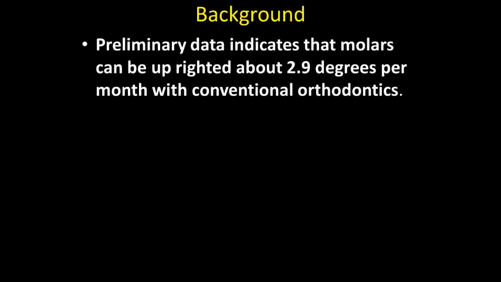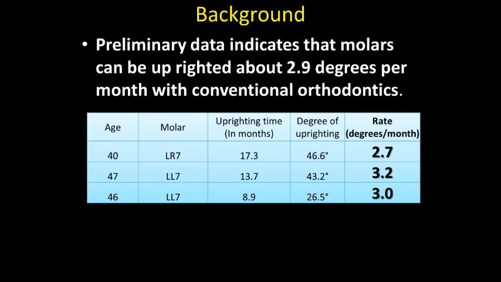The background. Preliminary data indicates that molars can be uprighted about 2.9 degrees per month with conventional orthodontics. And here we see three cases where this was done. On the 40-year-old, uprighting time was 17 months. On the 47-year-old, it was 13.7 months. And on the 46-year-old, it was 8.9 months. But if you look to the right, you will see why the time difference.